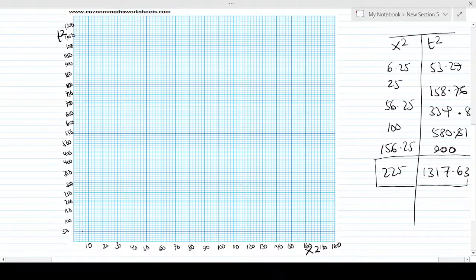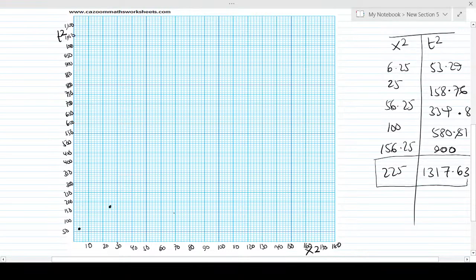So we take the 6.25, let's see, somewhere here. Then we have 53, so around here we plot. Then the next one is 25, somewhere here. Then the 25 corresponds to 158, so around here. We are not plotting with accuracy, just that we want to give a very simple way.